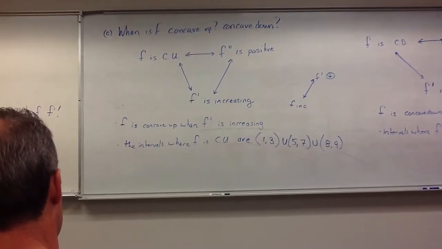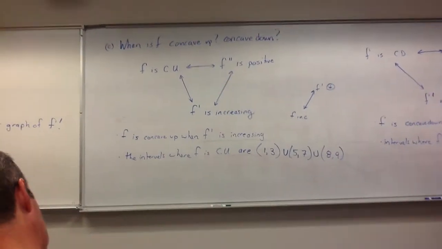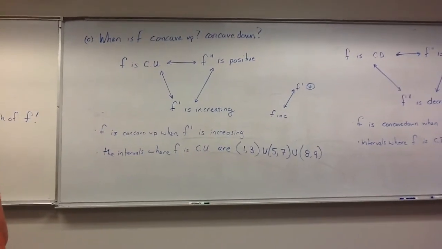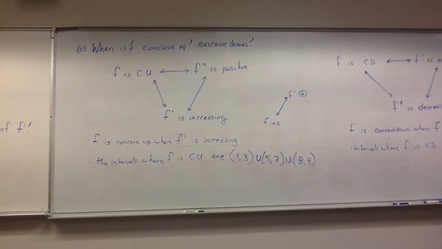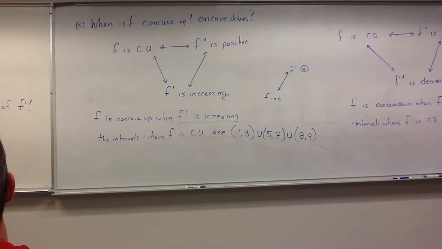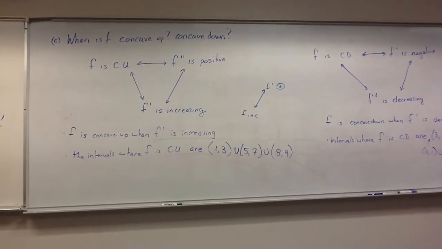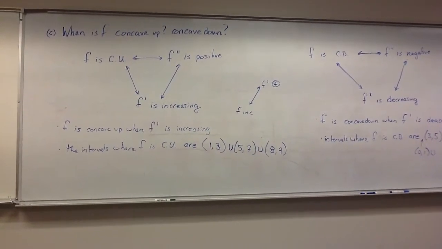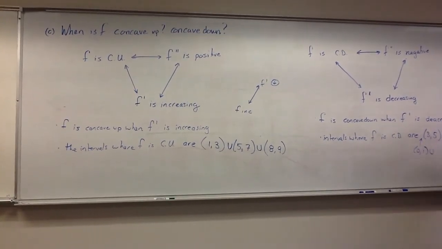Okay, so the very last question on number 14 is question D. And D is asking about points of inflection. F has inflection points or points of inflection at what x values? 2, 4, and 6.